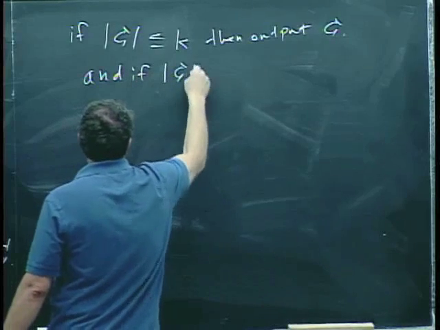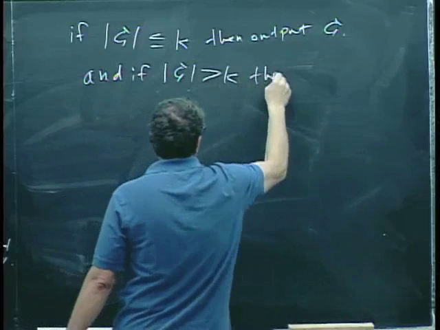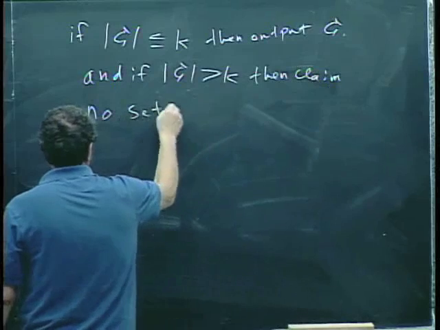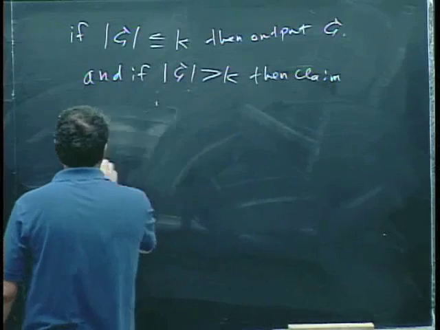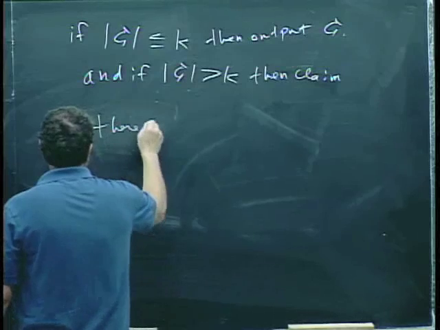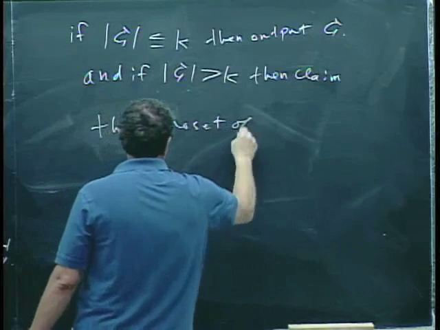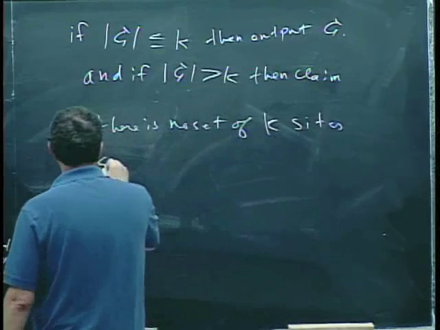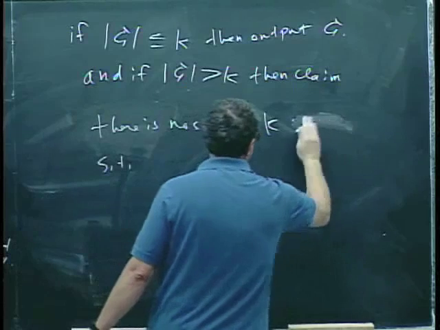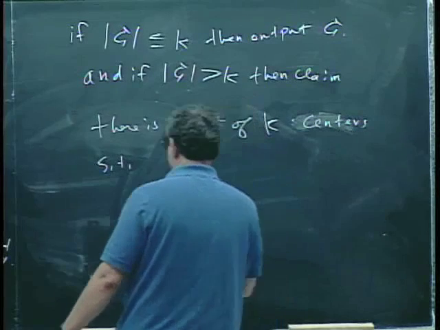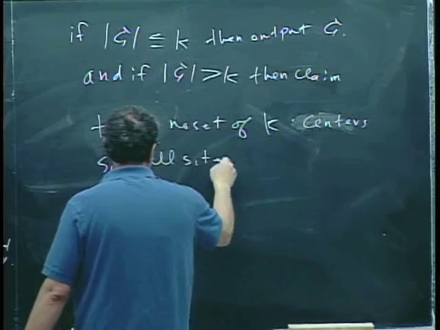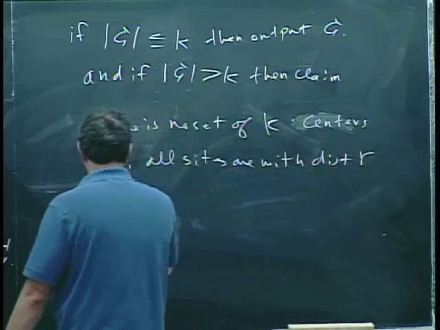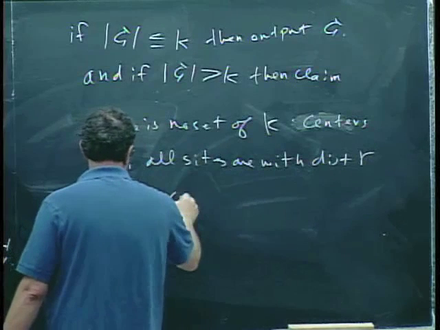And if C is greater than K, then claim there is no set of K sites such that all sites are within distance R to some center.